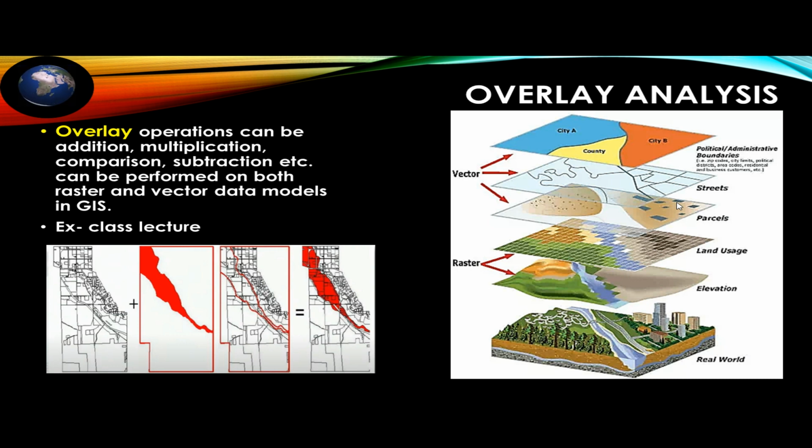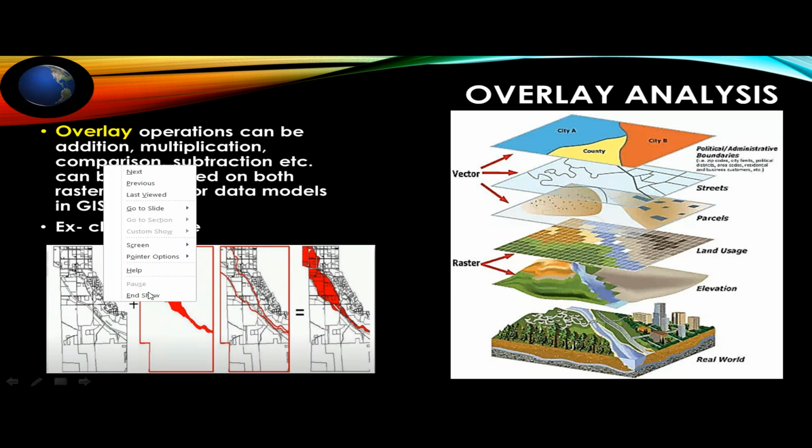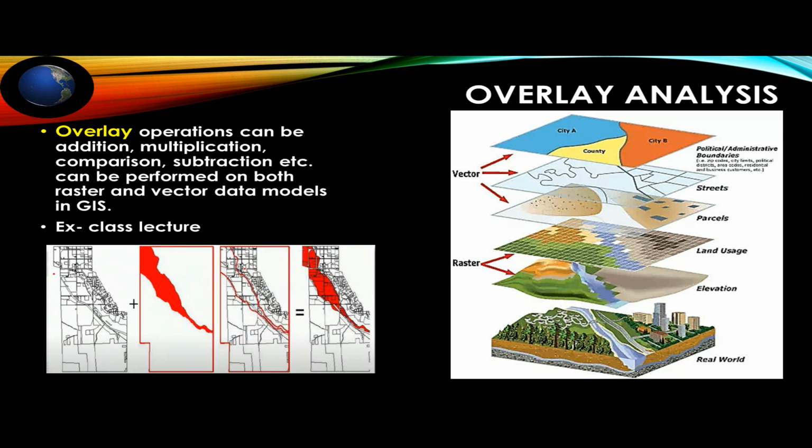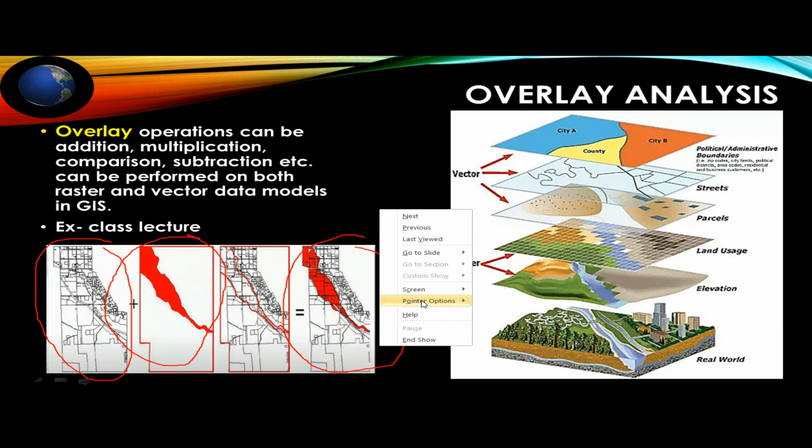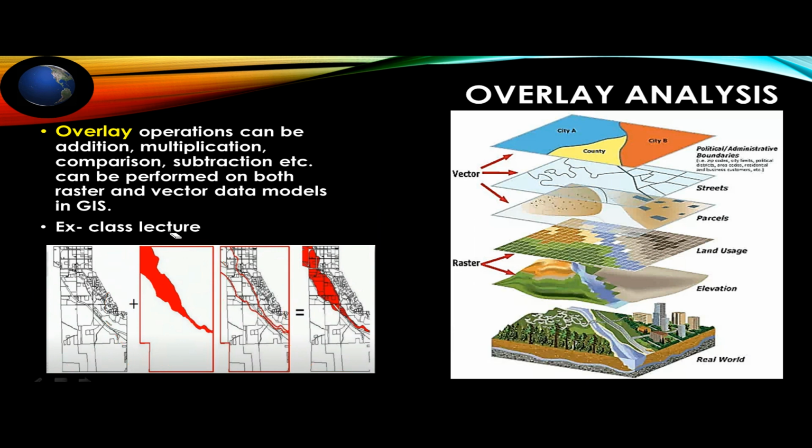Here, one is the vector of this polygon, and another is the lines, the vector of the danger zone. What we did, we overlapped these. So we got this final image. Okay, so this is the overlaying.